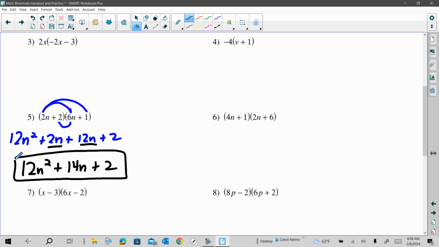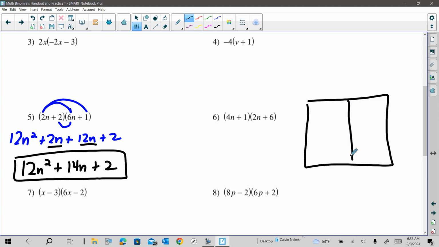Okay. So you can do that, or you can do your box method. I'll show that on number 6 here. So you just need to build your box. On the outside would be the first, the 4n, and the plus 1, and then 2n, and the plus 6. And then we're doing each term.